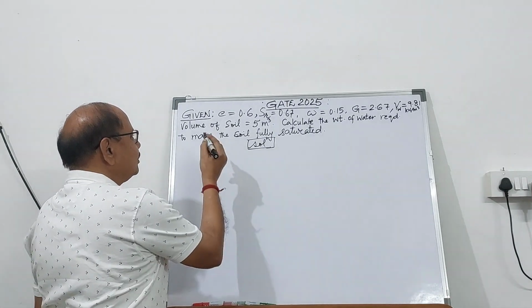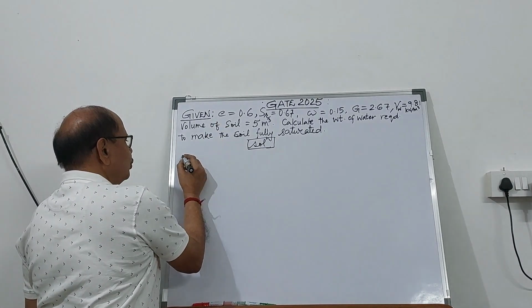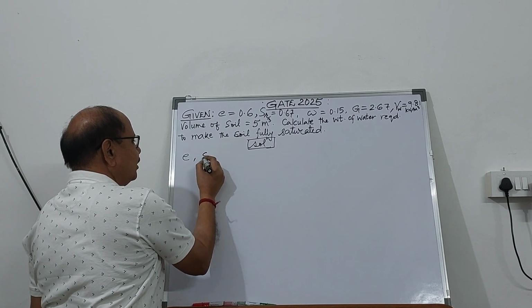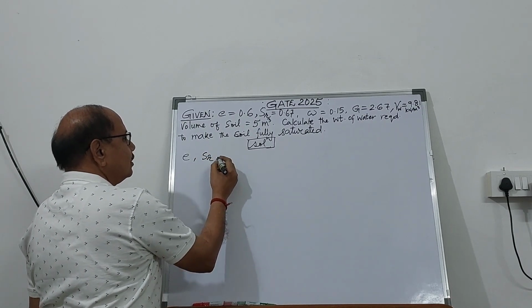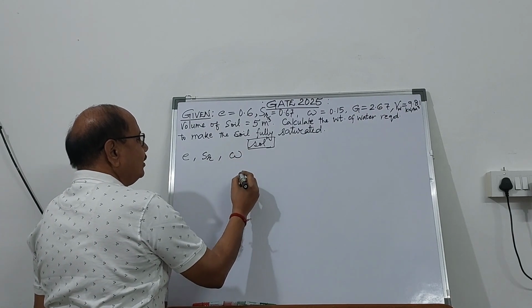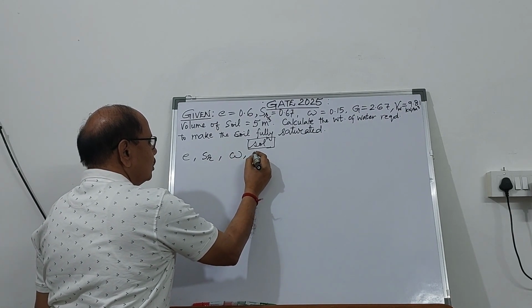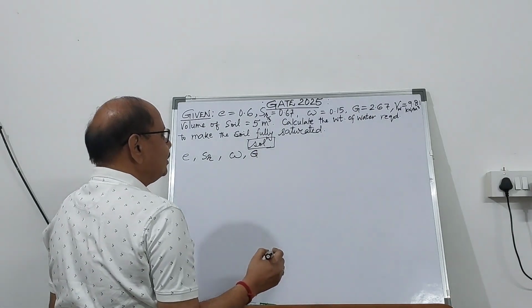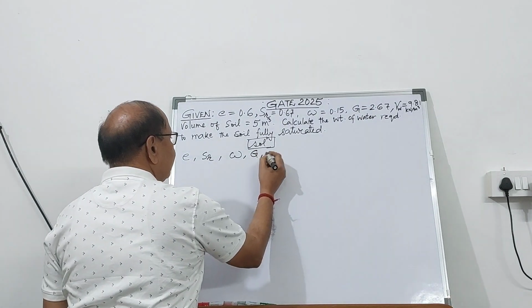So the information here is void ratio e, then degree of saturation Sr, then moisture content or water content w, the specific gravity G, and unit weight of water.